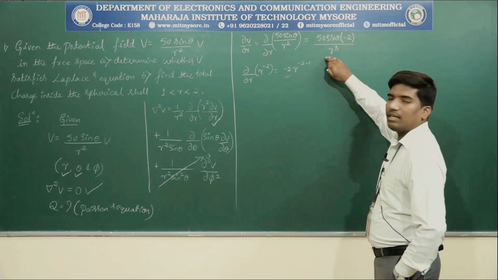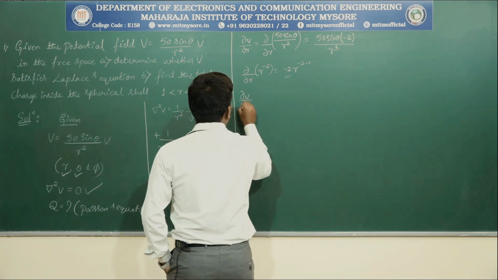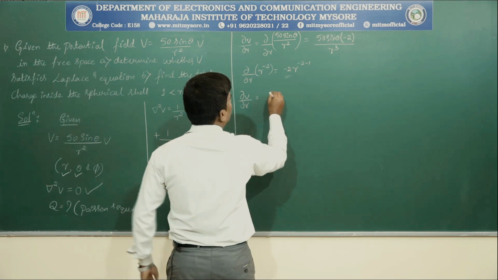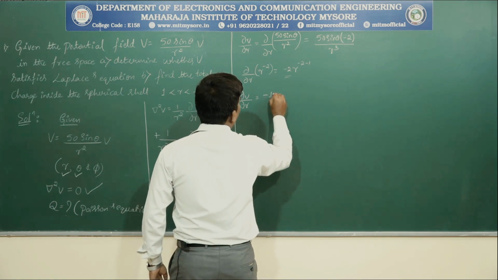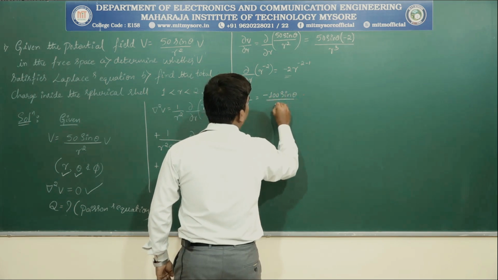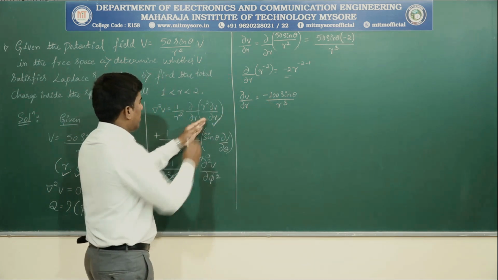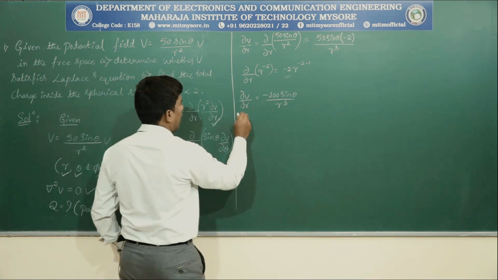In denominator it can be written as r cube. Therefore ∂V/∂r is equal to minus 100 sin theta divided by r cube. So this quantity we have identified. Multiply both sides by r square.